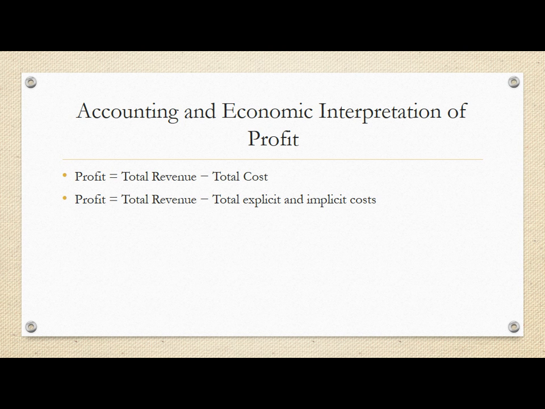In accounting practice, when the total cost is measured, only explicit costs, that is, contractual payments made to different factor inputs by the firm, are considered. These include wages, salaries, expenses on raw materials, fuel and power, rent and interest. Depreciation charges are also added.